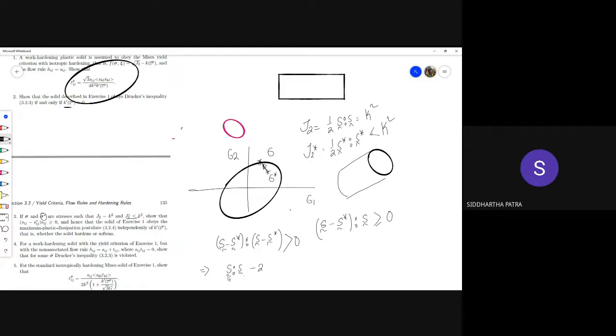So what I want to do is, it can be written as S minus S star inner product S, then minus S minus S star inner product S star.